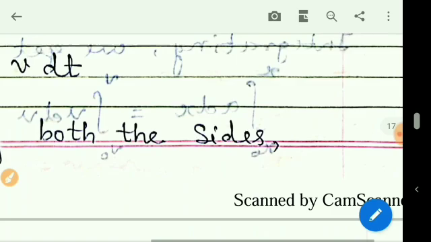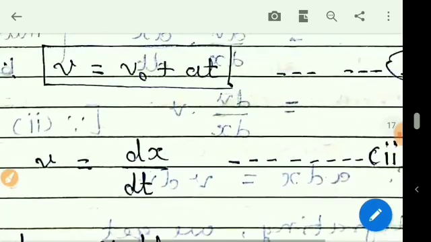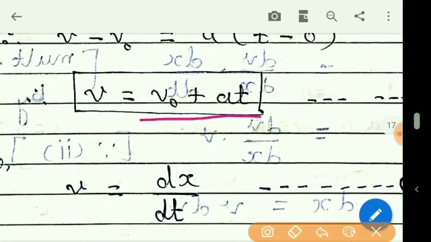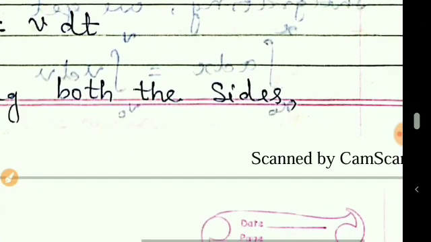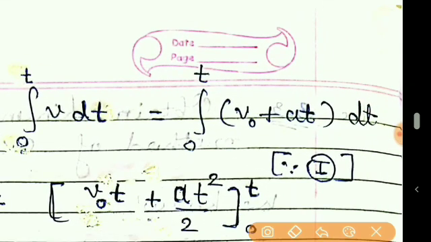V is equal to v naught plus at. So we'll put v naught plus at in place of v because of this equation number 1. So we have done this only. You can see here, in place of v, we have kept v naught plus at from equation 1.